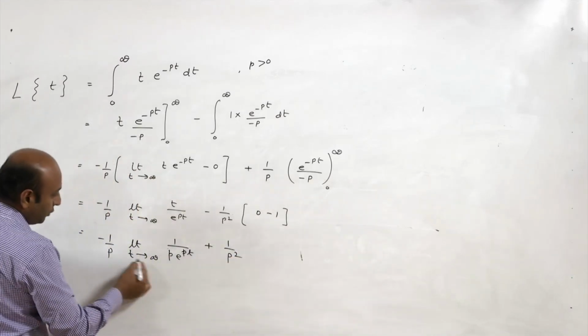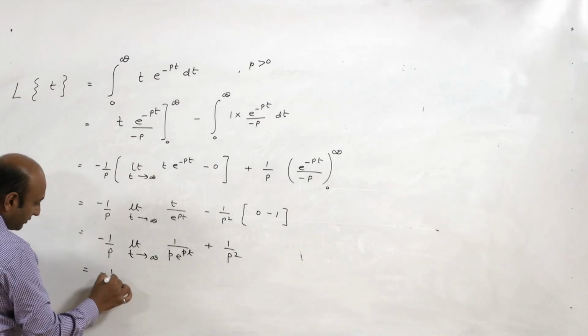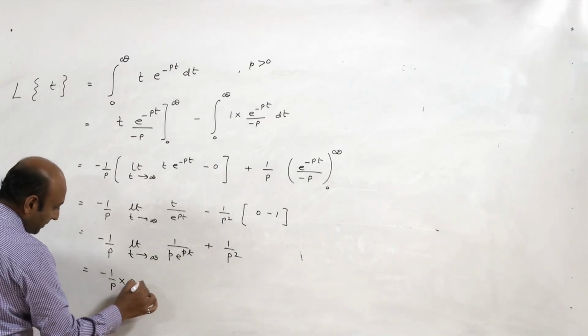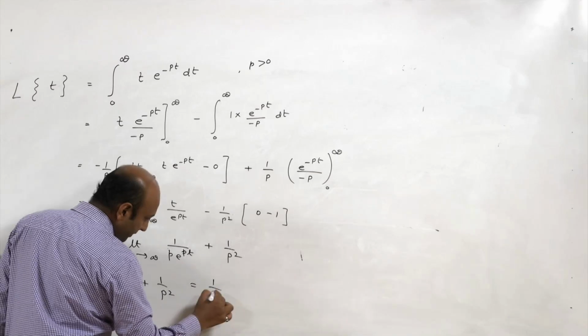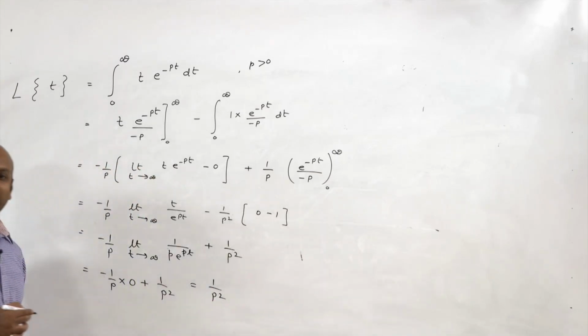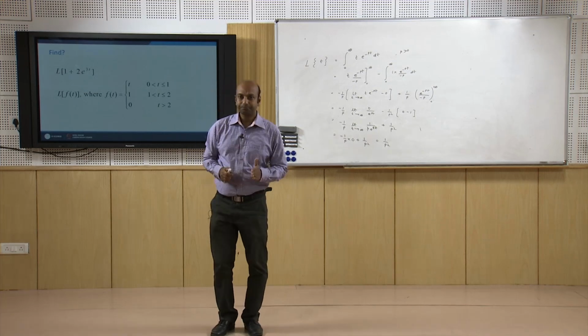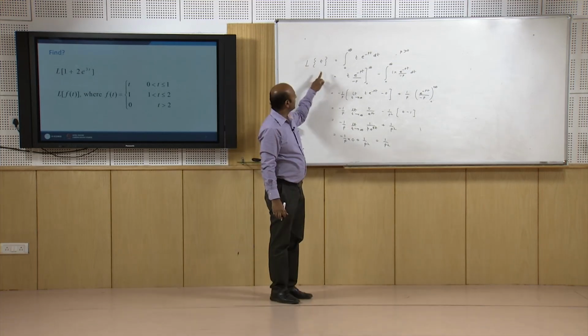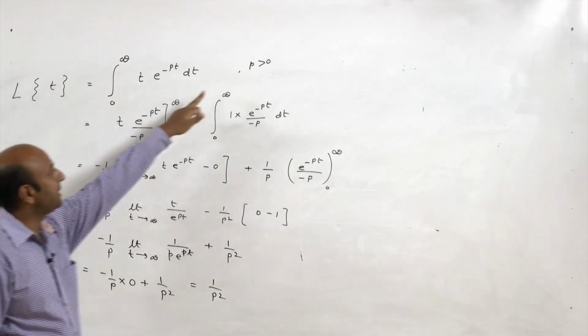When t tends to infinity, the denominator is infinity and this value tends to 0. So minus 1 by p into 0 plus 1 by p square, which is nothing but 1 by p square. So the Laplace transform of t is nothing but 1 by p square. In this expression, to find the Laplace of f(t) equal to t, we assume that p is greater than 0.